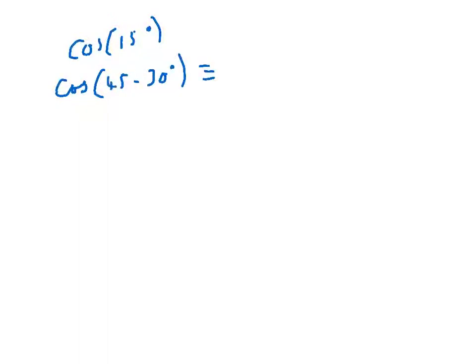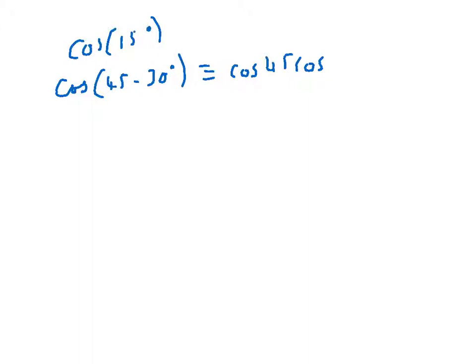Now, with this new knowledge, I can work out my original problem, what cos 15 degrees is without a calculator. So I can say that this is cos(45 degrees minus 30 degrees), and therefore use my addition formula.